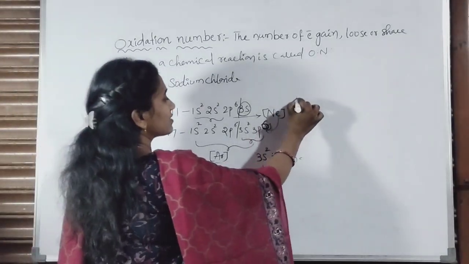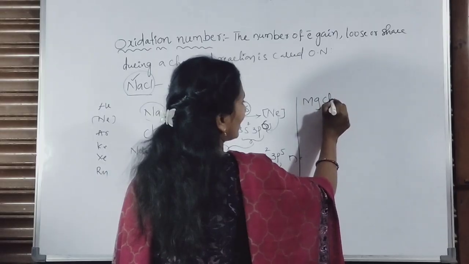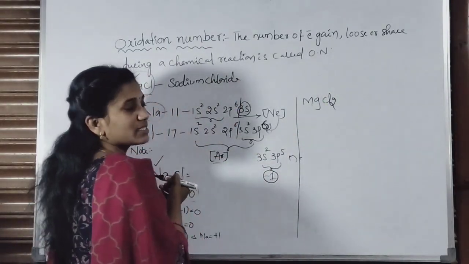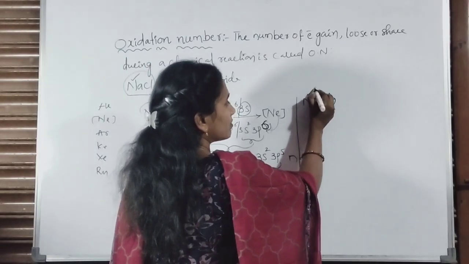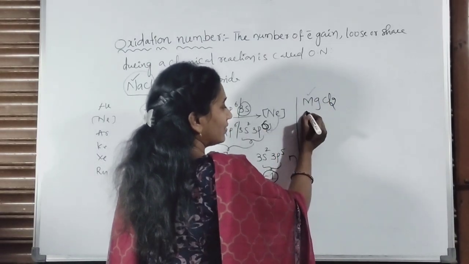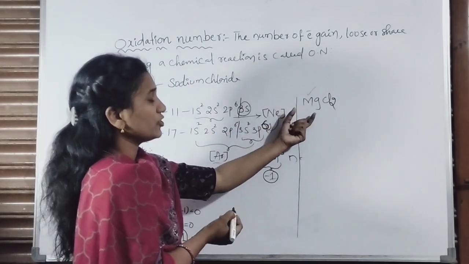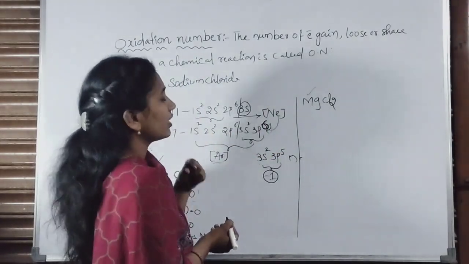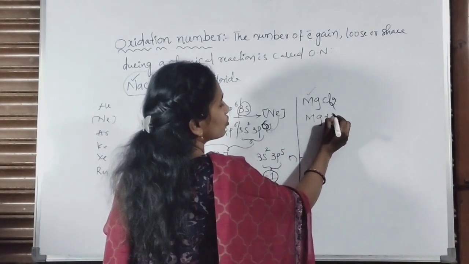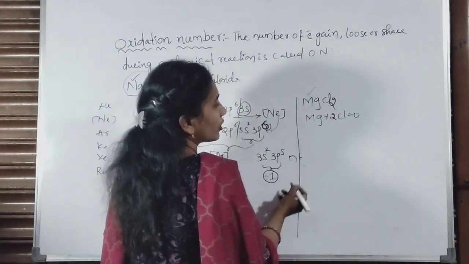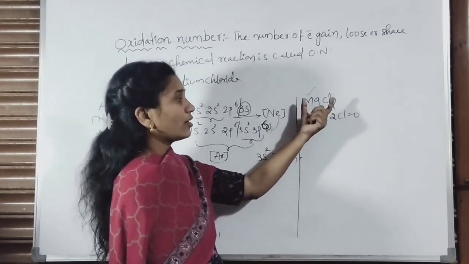Let me tell you one more example, so that you can understand how we calculate the oxidation number. Now I have taken MgCl2, which is also a salt. To find the oxidation number, let me take the element magnesium. Mg plus 2Cl is equal to 0, because in the elementary form or compound form it is equal to 0.